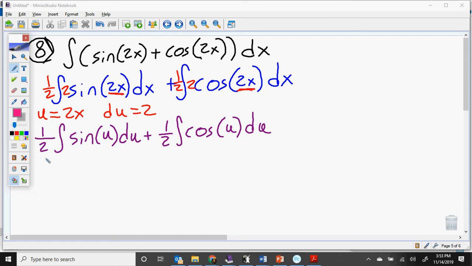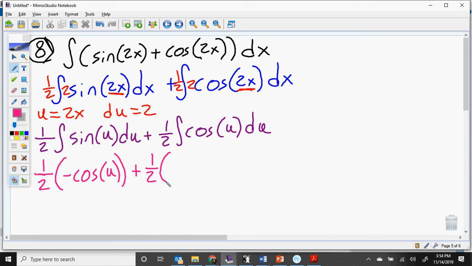Alright, so for this one, we'll do the integral of sine. The integral of sine is negative cosine. The integral of cosine is sine. Tack on my plus c.